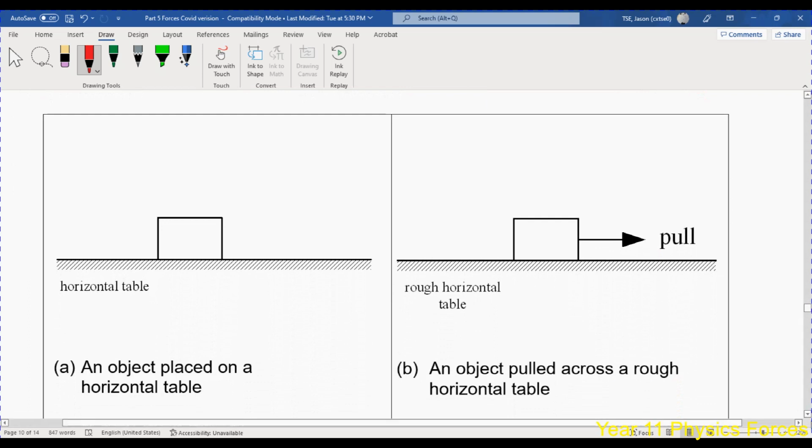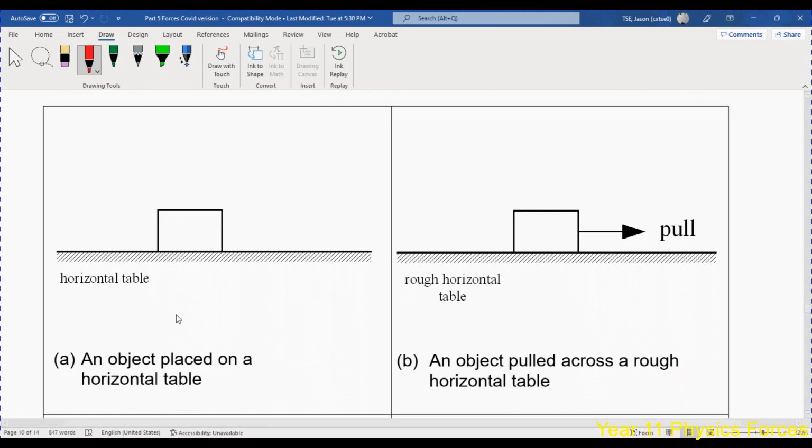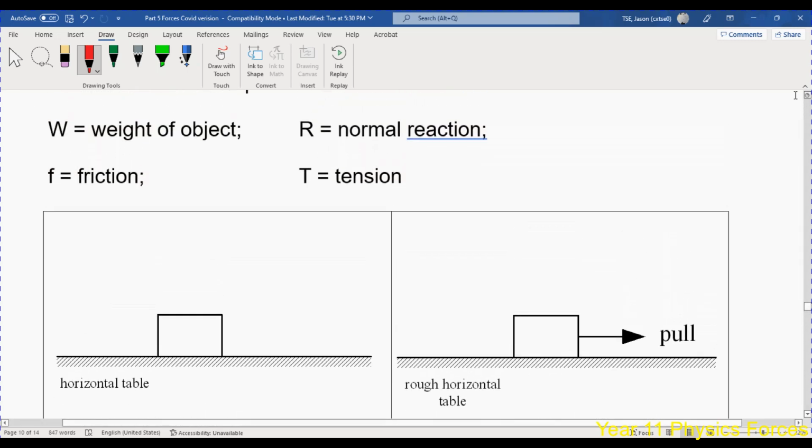Don't just look at the picture, look at the description. Object placed on a horizontal table, so it's not moving. Think about the four forces.